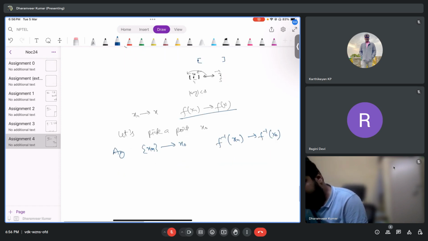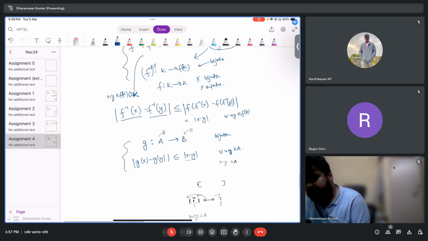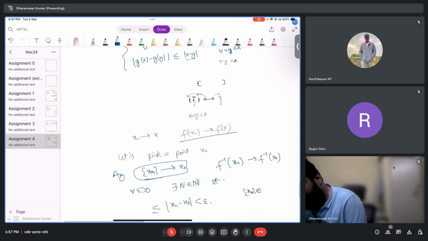Right? So let's say there is a sequence which converges to x naught. That means for all epsilon greater than 0, there exists n, a natural number, such that |xn minus x naught| is bounded by epsilon. But for the same n, all the xn's belong to the set f of k.